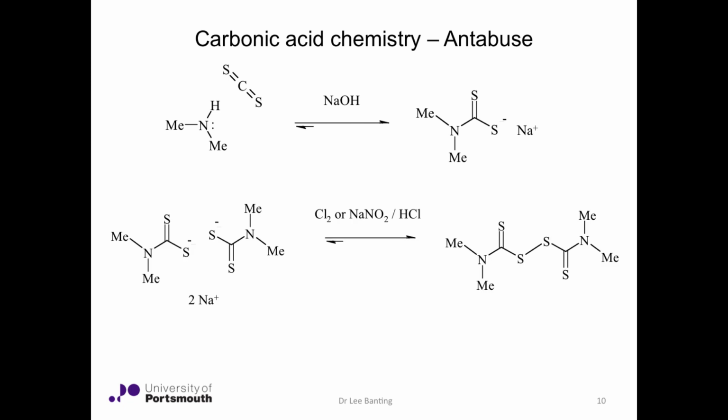And we do some interesting chemistry here. We take our sulfurs that are still free in our salt, we take 2 equivalents of the salt, and we oxidize this system with a fairly mild oxidant. Chlorine or sodium nitrite in HCl acts as a mild oxidizing system, and notice it's or, not together. So it's either chlorine or sodium nitrite in HCl, acts as a mild oxidant, and allows us to take electrons from this system and manipulate them, and we can form a disulfide linkage.